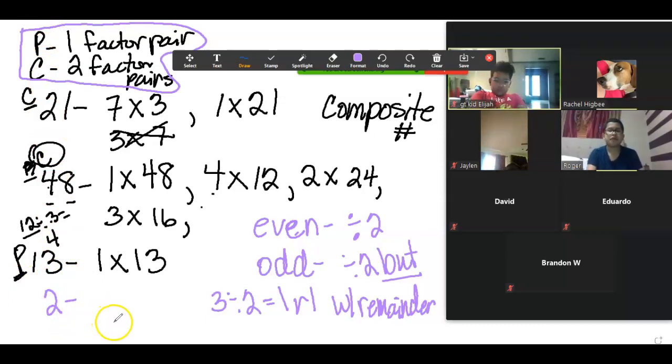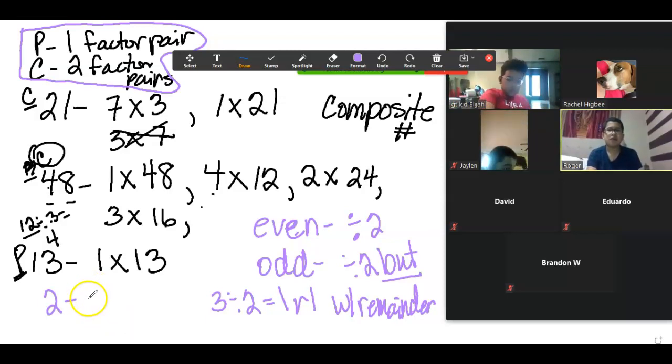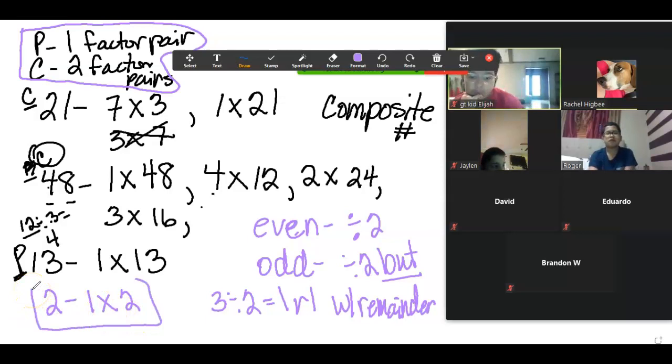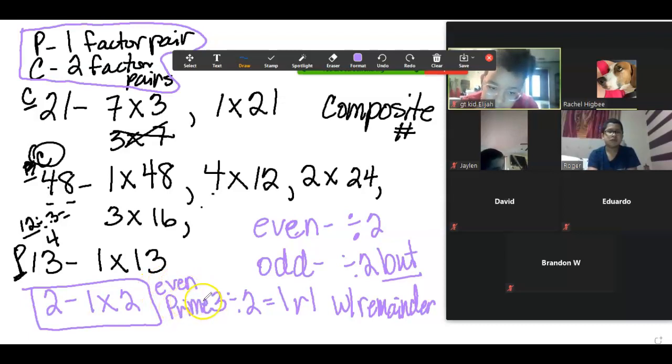What can I multiply together to get 2? Right? 1 times 2, same thing. Is there any other factor pair? No. Okay. So 2 is special because 2 is the only number that's even and it's prime.